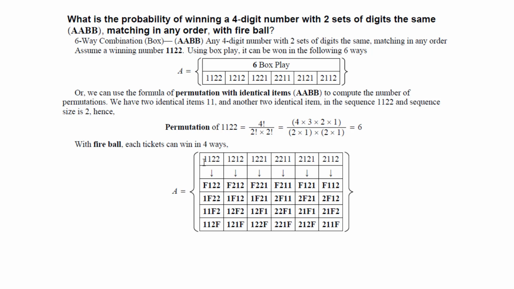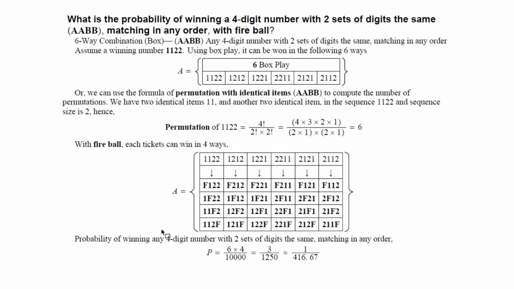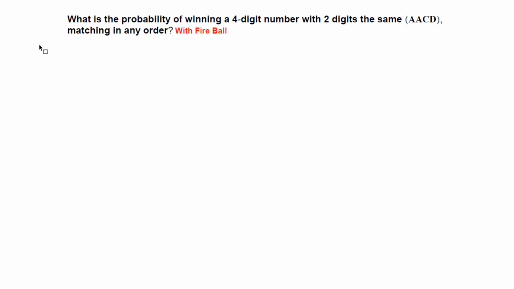So for the ticket 1122, we have 4 winning tickets. For 1212, we have also 4 winning tickets, and so on. So we have 6 times 4 here, and the probability is 24 divided by 10,000, which is equal to 1 out of 416 trials.